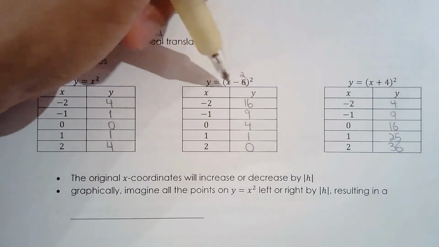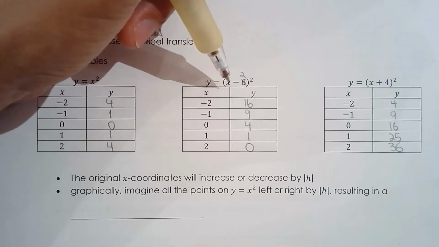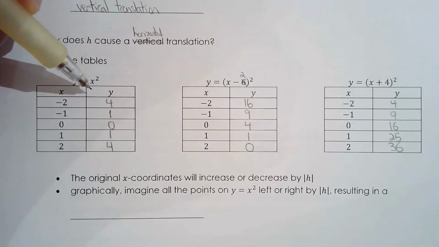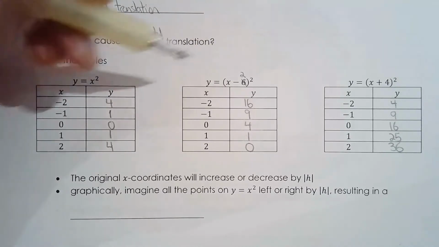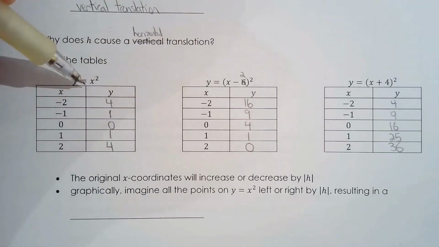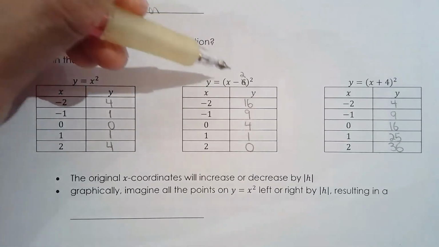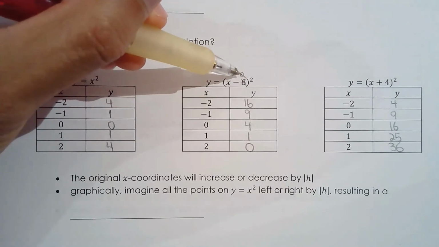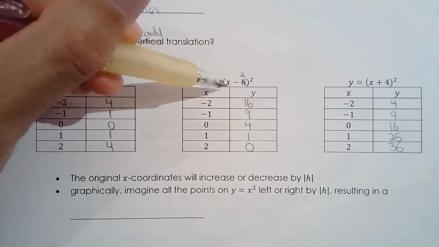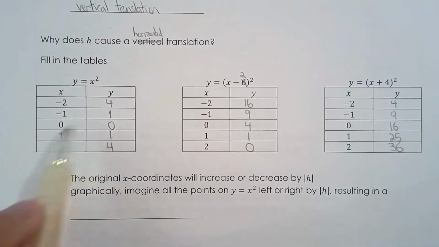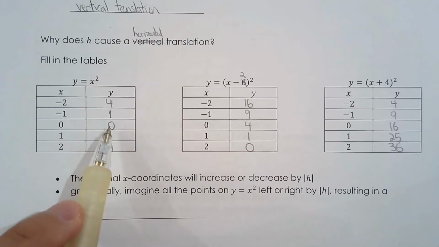Okay, let's say I really want to obtain the same y values as beforehand. In order to obtain the exact same y values, because I see in the brackets x minus 2, I can't sub in the same x value. It makes no sense. Like, for example, if I sub in 0 for y equals x squared, I get a y value of 0.